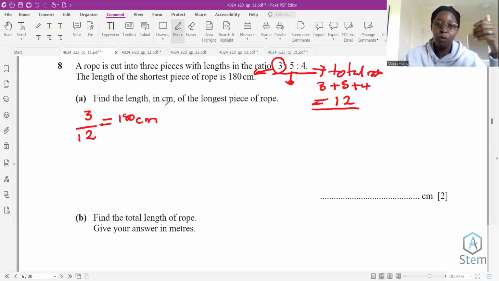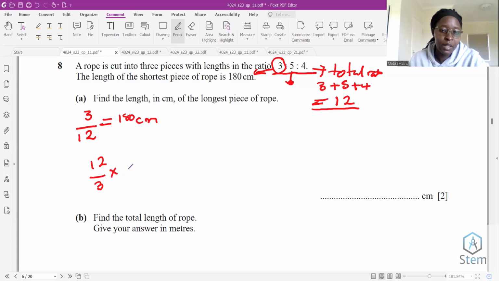What about when it's 12 over 12? So we can say 12 over 3 times 180, so that we get the total length of this rope. So 3 into 180: 3 goes into 18, 6, and 0.